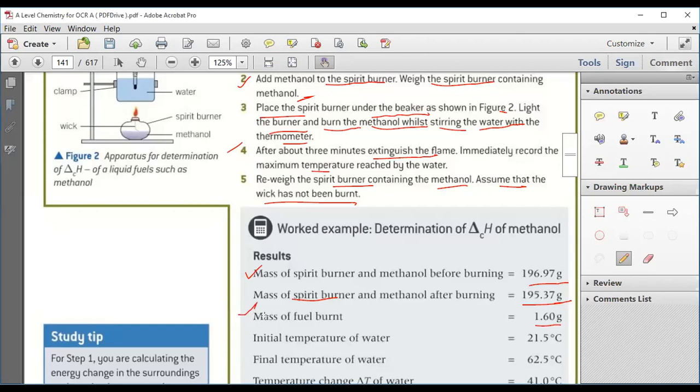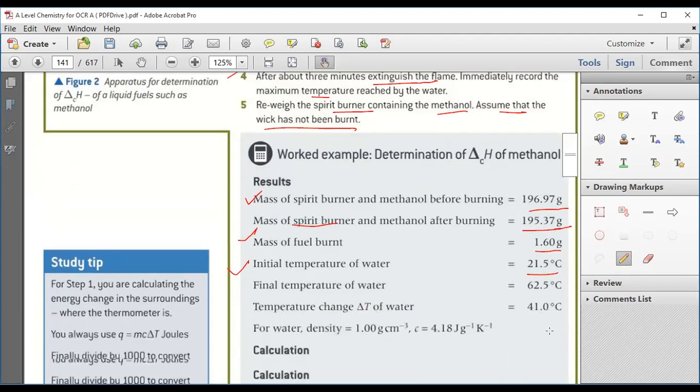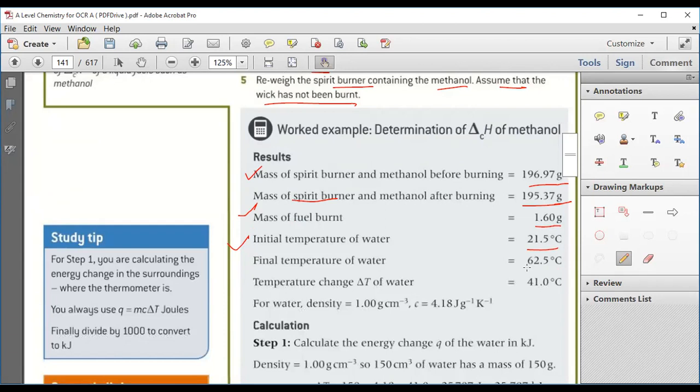Now the mass of the fuel burnt is 196.97 minus 195.35, which will be 1.60 gram. Then the initial temperature of water: suppose initially it was 21 degrees Celsius, and as you heat the water with methanol, the temperature rises to 62.5 degrees Celsius.